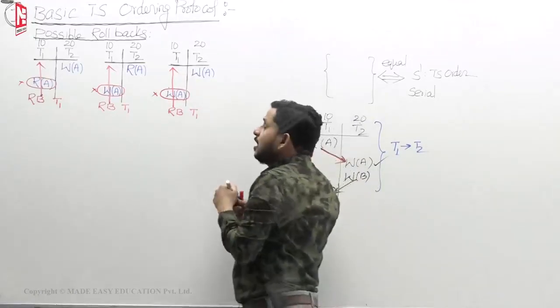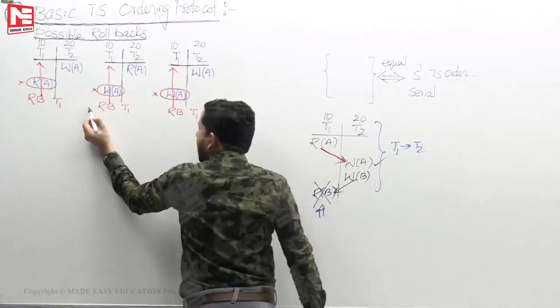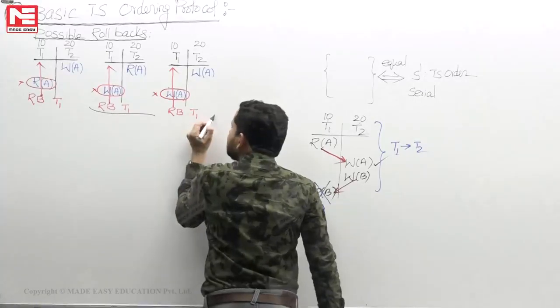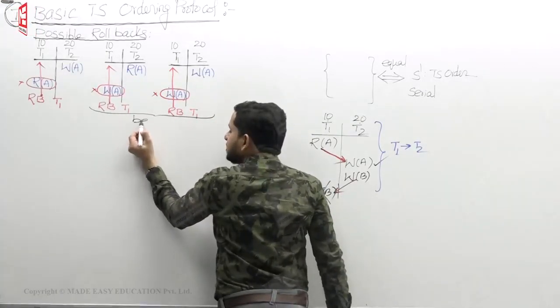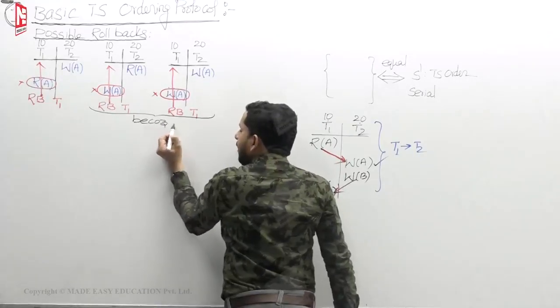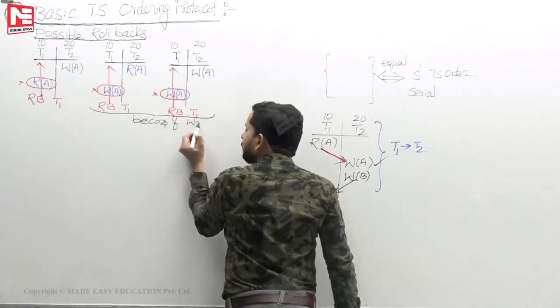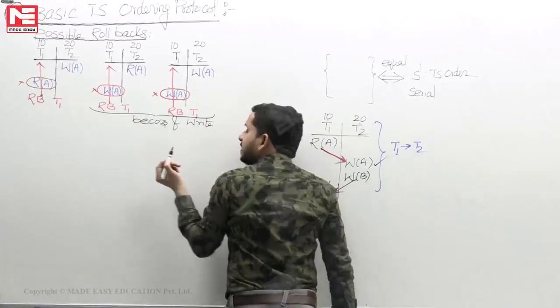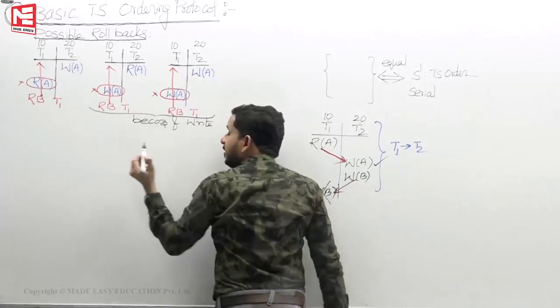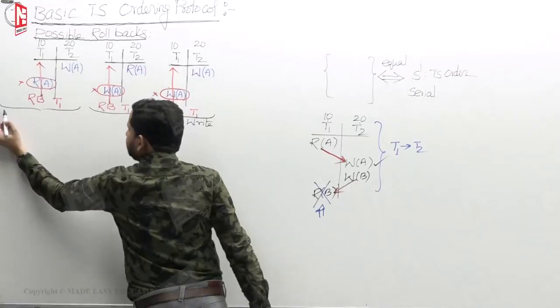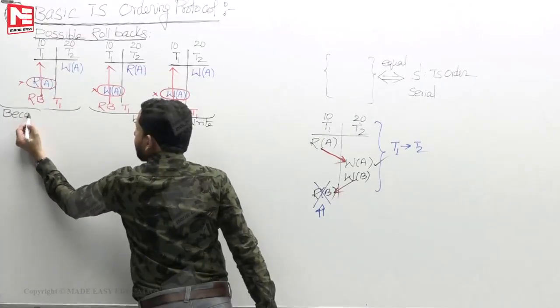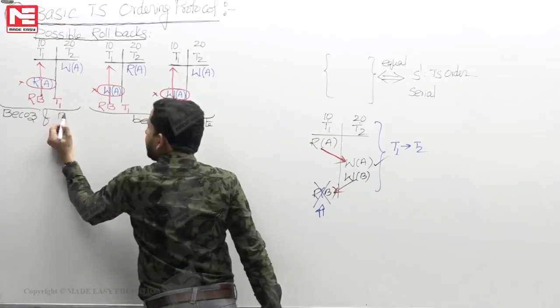If you observe, out of these three possible rollbacks, these two rollbacks are because of a write request, write of A, and this rollback is because of read.